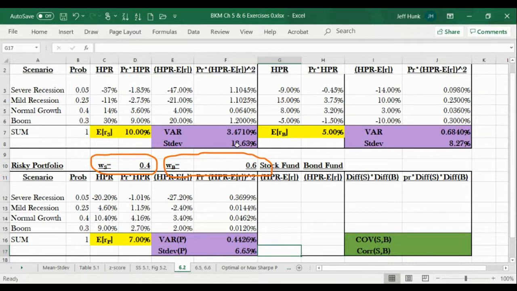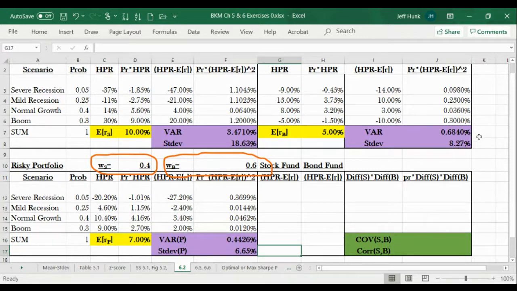In other words, the risk has been reduced a lot. If it was stock alone, the risk would have been much higher. Even the bond portfolio alone had a slightly higher standard deviation.